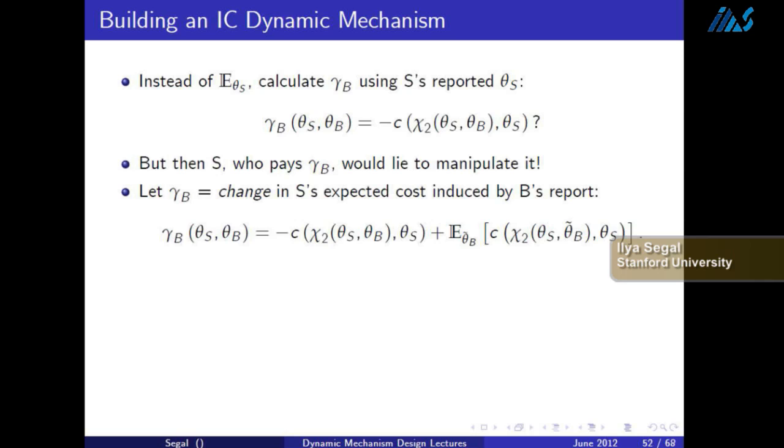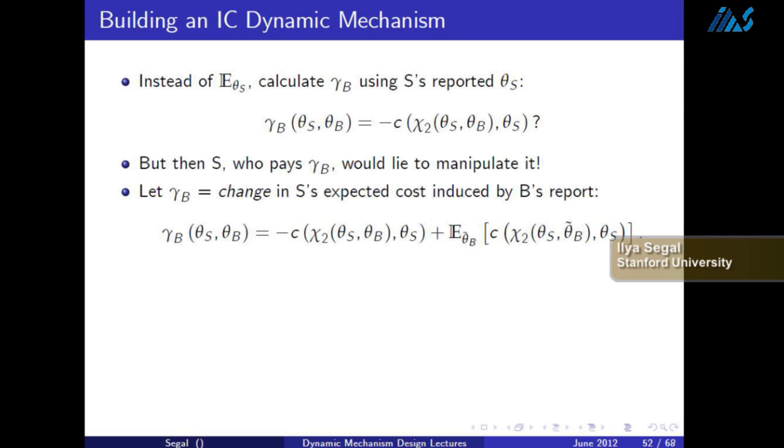But from here, we will subtract the expectation of this term. The expectation is taken over the possible reports of the buyer. So this is the expectation of this term.